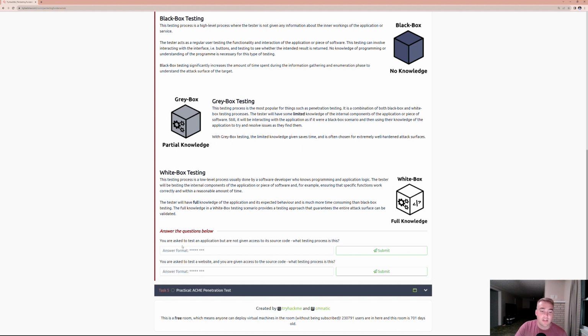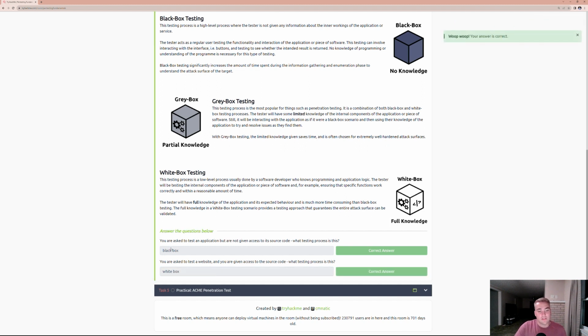So you are asked to test an application, but are not given access to its source code. So I am going to say that this is black box. And you were asked to test a website and you are given access to the source code, so that would be white box.